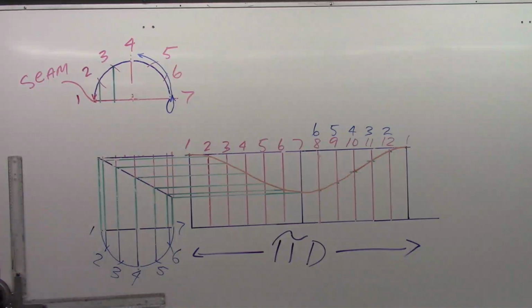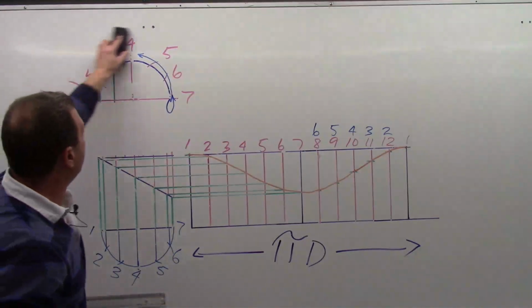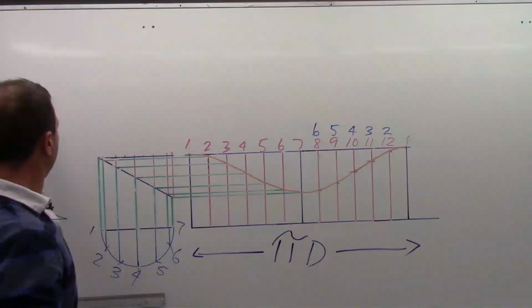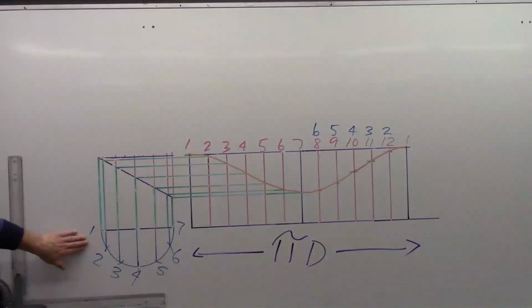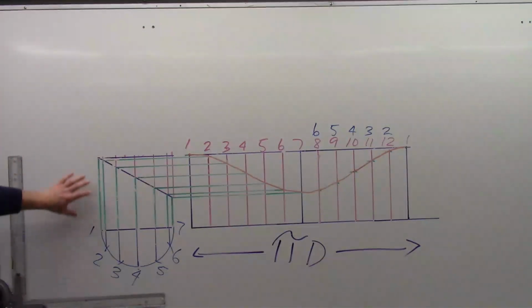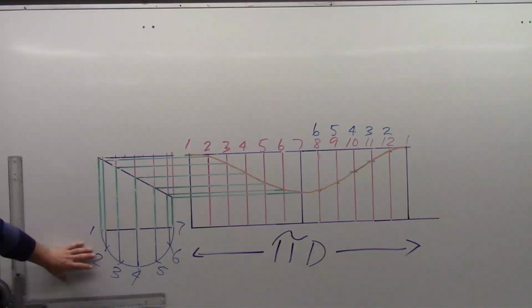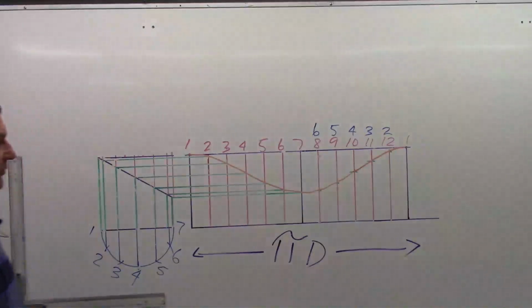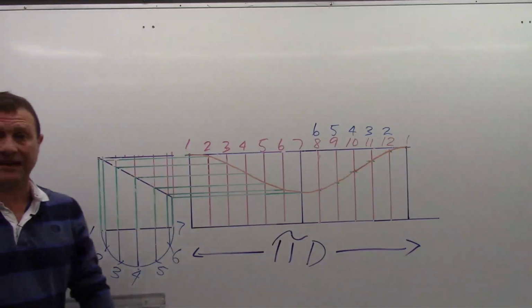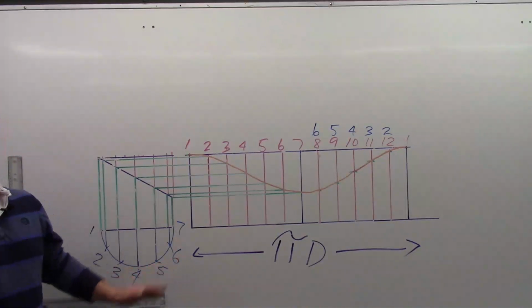Same pattern in the end. So we could have saved a bit more time and moved this one down below. Now we have an elevation view with a profile view, which is a half of a plan view. Project that into our stretch out. So that's the beginning of parallel line development, pipe on a miter.